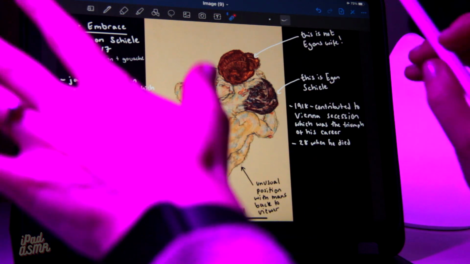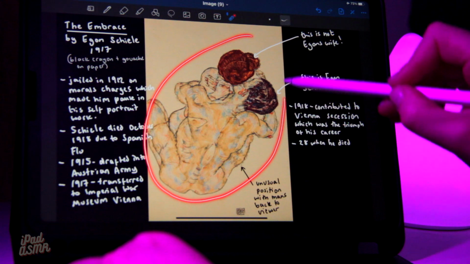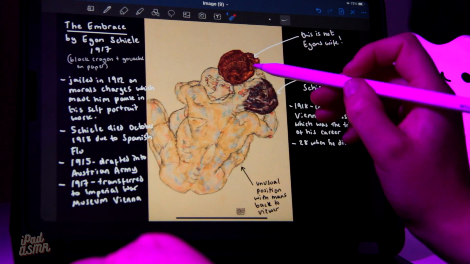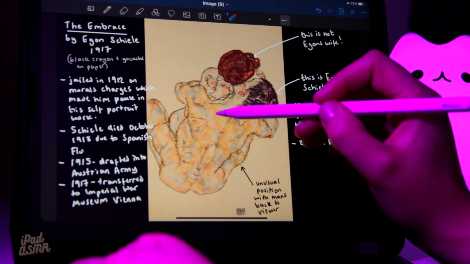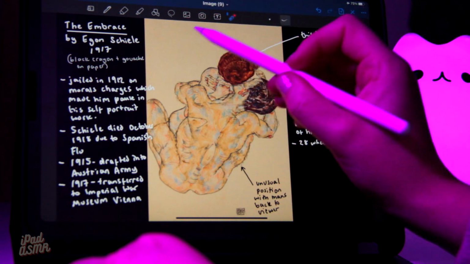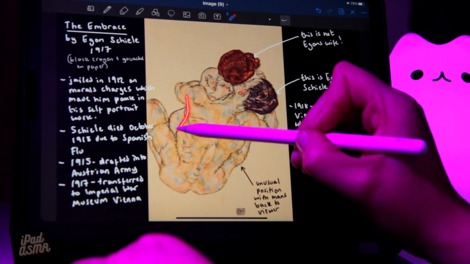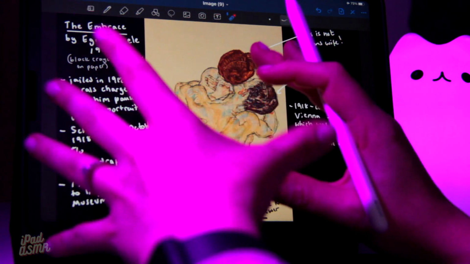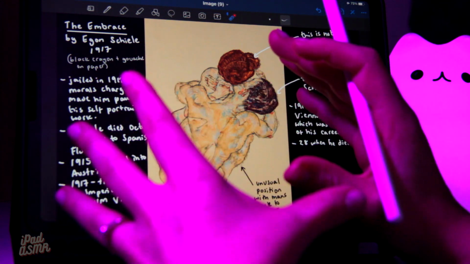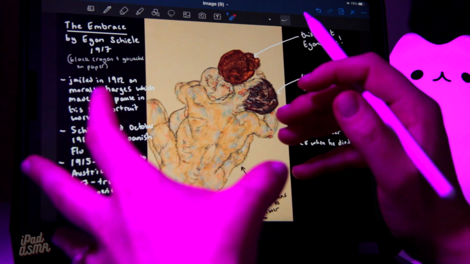So, I really like this painting, picture, drawing. It has a lot of emotional depth to it. I mean, even though it's really simple, it just captures a moment that I think really translates across to the viewer.